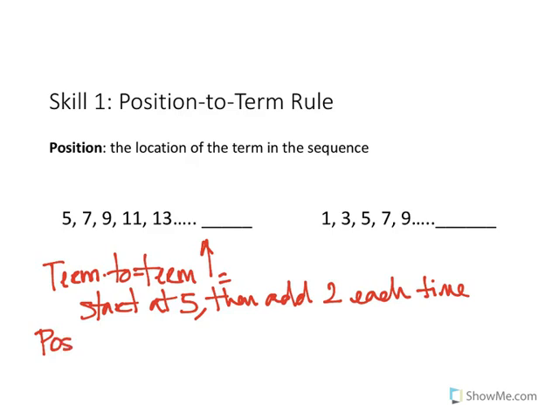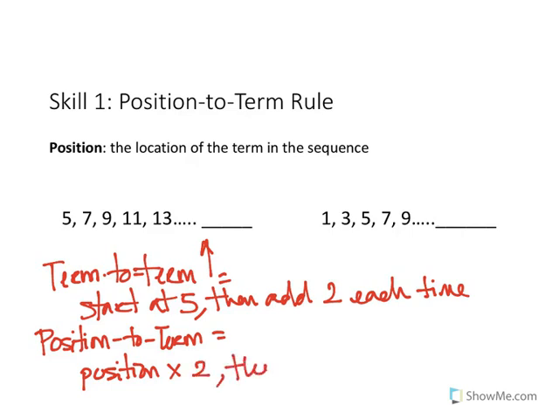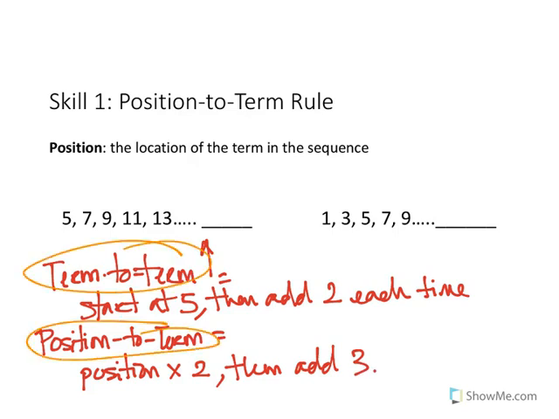The position to term rule is to take the position, multiply it by 2, then add 3. So now you can see the difference. Term to term is what's going on between terms, and position to term is what's going on from position down to the term.